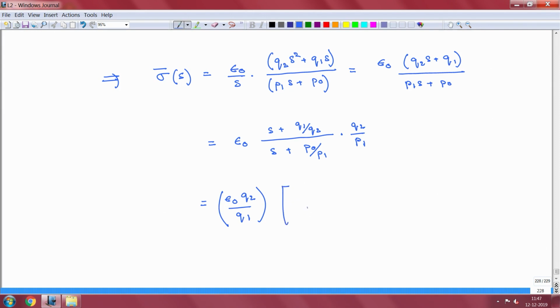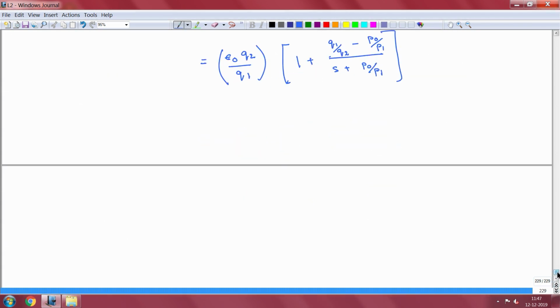My assertion is I can write this as 1 plus p naught by p1, and in the numerator I will have the remaining term.